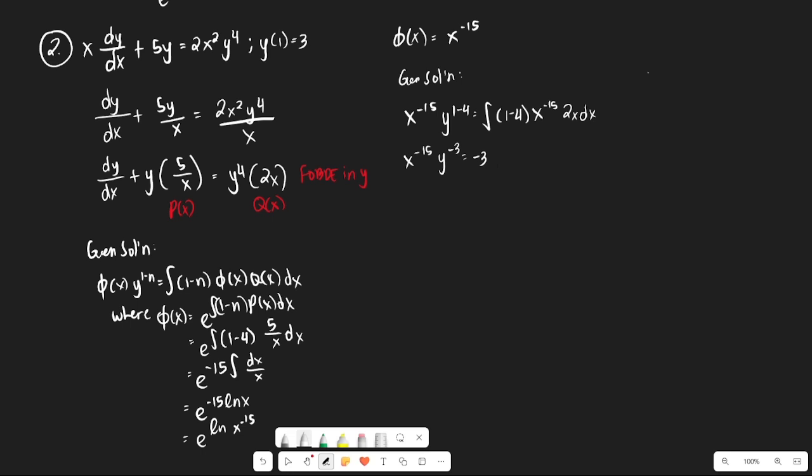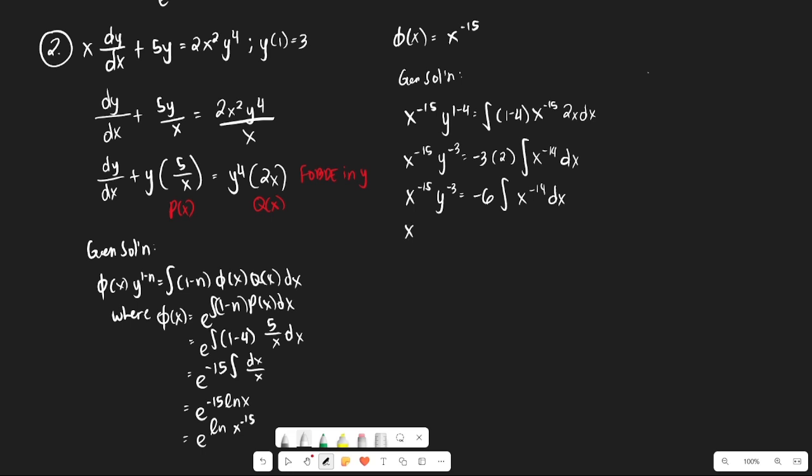We can actually just take out the 2 as well. So what we're gonna have right here is x raised to negative 14. Okay, so we can write this as x raised to negative 15, y raised to negative 3 is equal to negative 6, x raised to negative 14 dx.